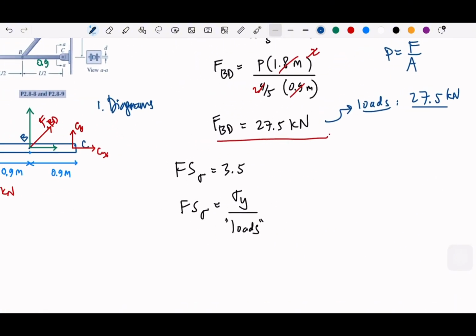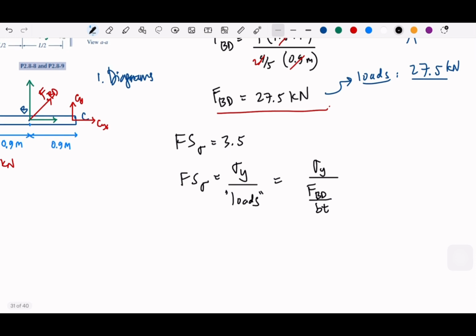So here we can write sigma is FBD divided by B and T. Now we can put everything, and then we can get that.